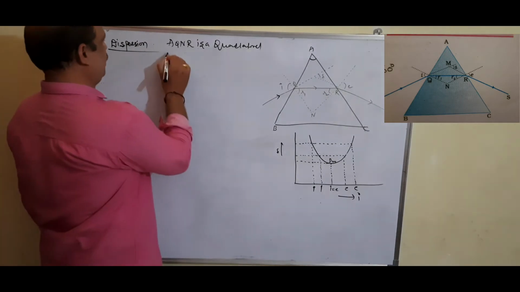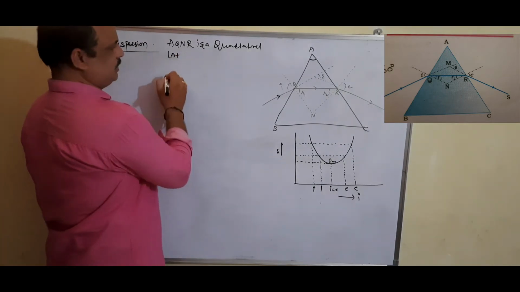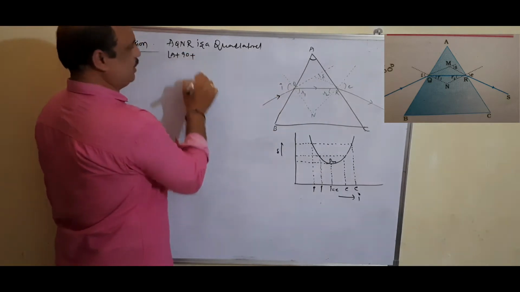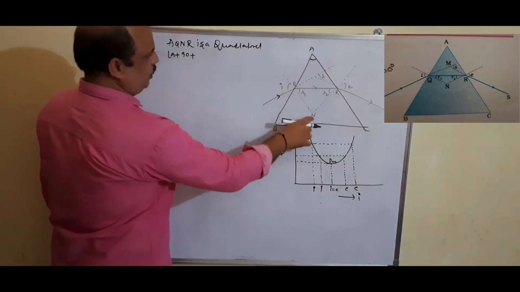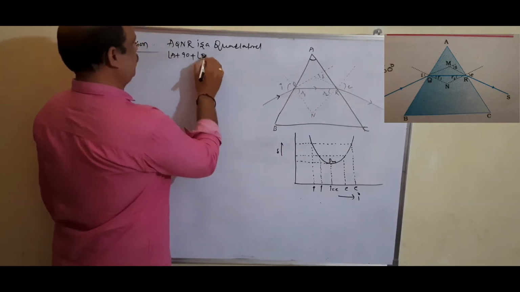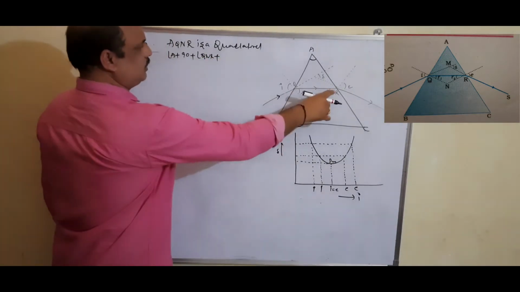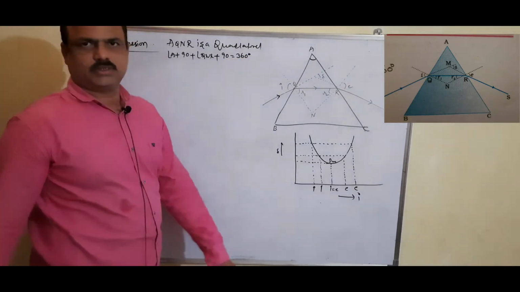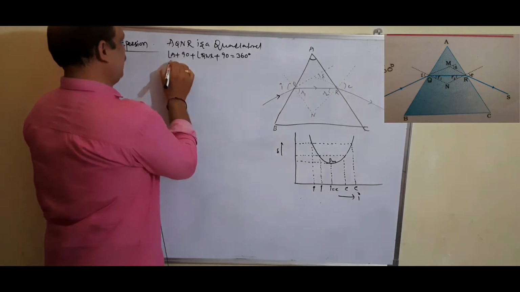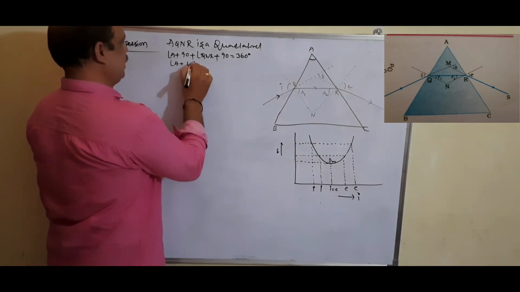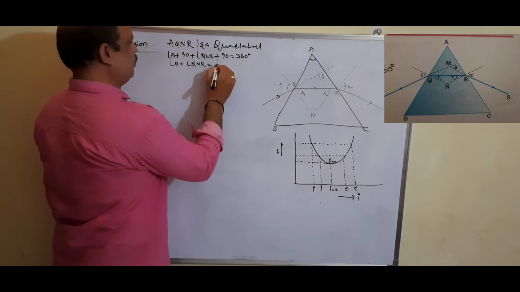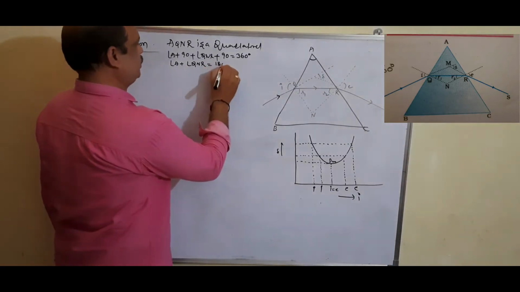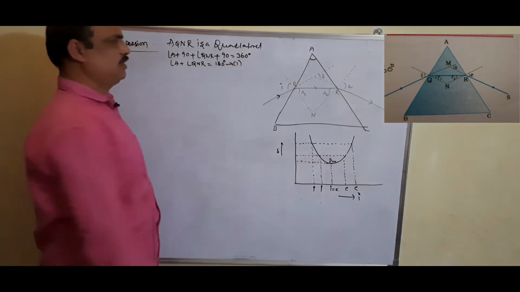So here angle A plus this angle 90 plus angle QNR plus this angle also 90 is equal to 360 degrees. So angle A plus angle QNR is equal to 360 minus 180, that is equal to 180 degrees.